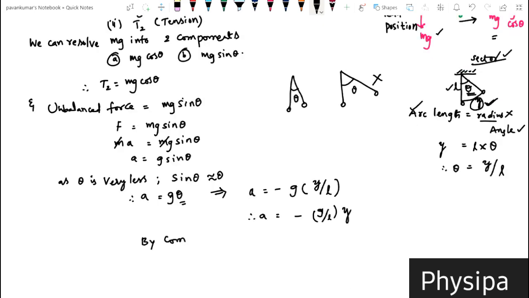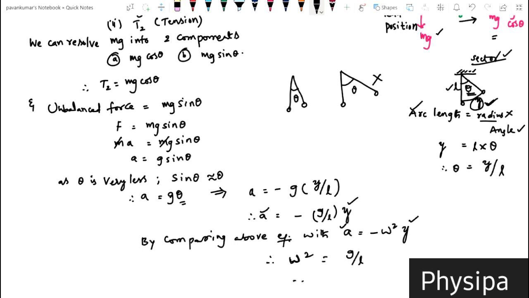By comparing the above equation with A is equal to minus omega square y, we get omega square is equal to g by L. Therefore omega is equal to square root of g by L. The acceleration of the simple pendulum is similar to the acceleration of simple harmonic motion.